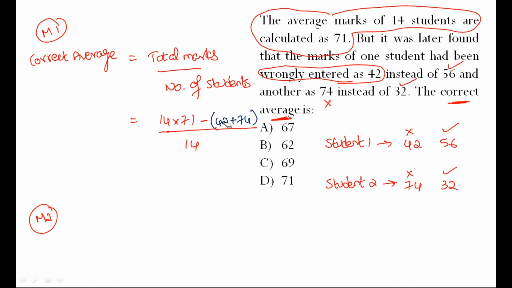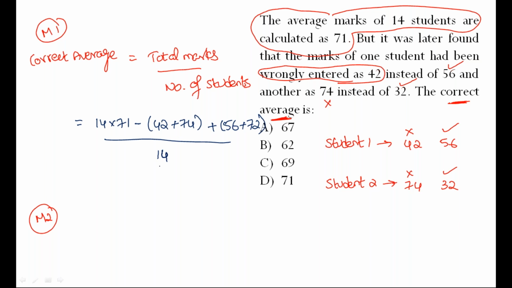The wrong marks are 42 and 74. That I am replacing with the correct marks. The total marks is 14 into 71. Among that, the wrongly entered 42 and 74 are removed, and I am adding the correct marks 56 and 32, so that whatever average you calculate will be correct.